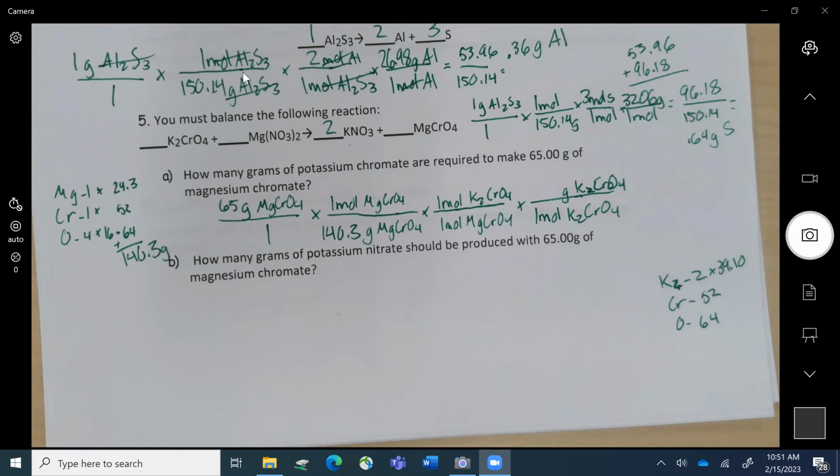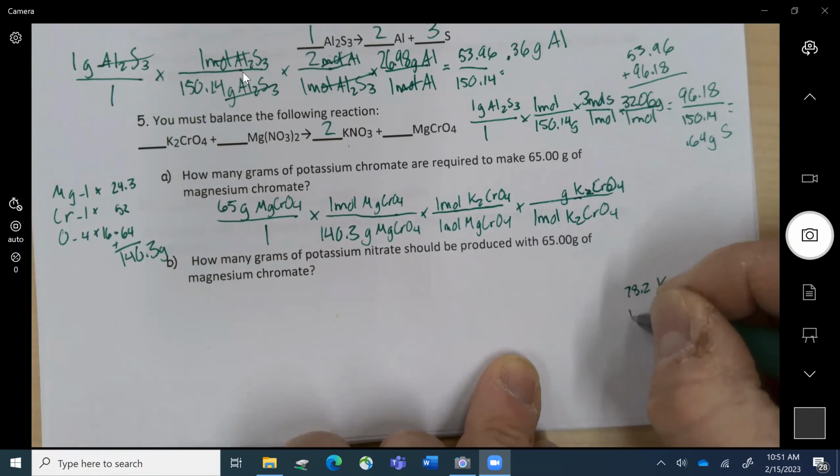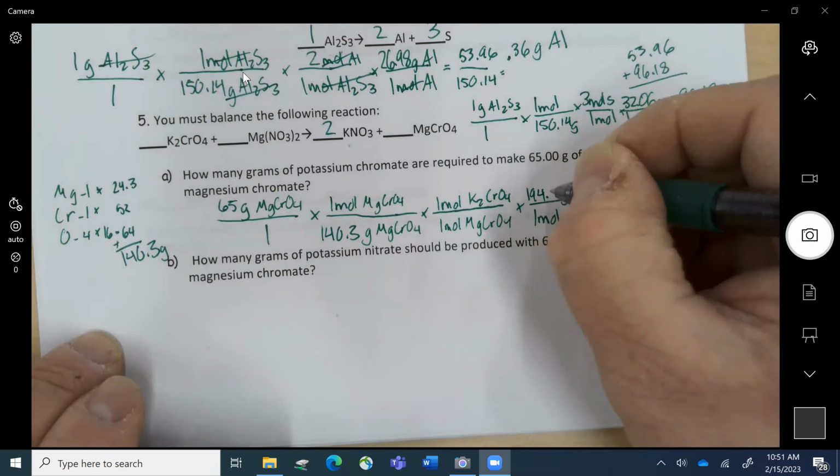So 39.1 times 2, 78.2, plus 52 plus 64. This one's 194.2 grams here.